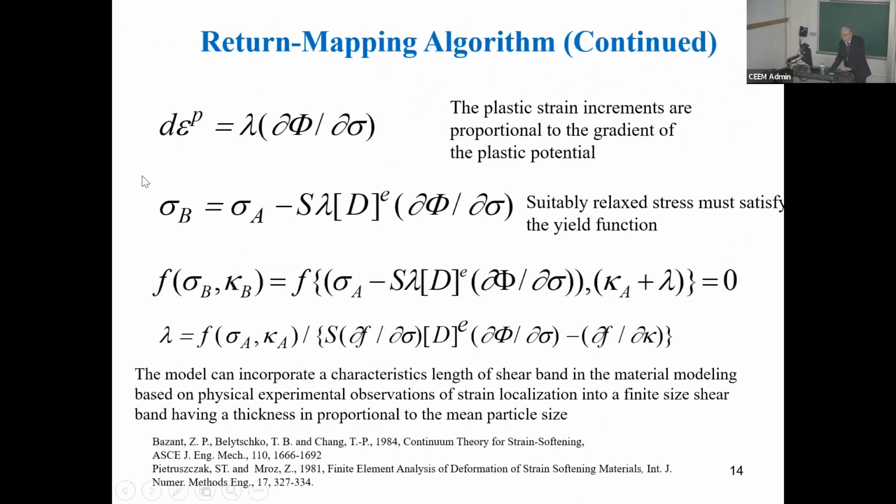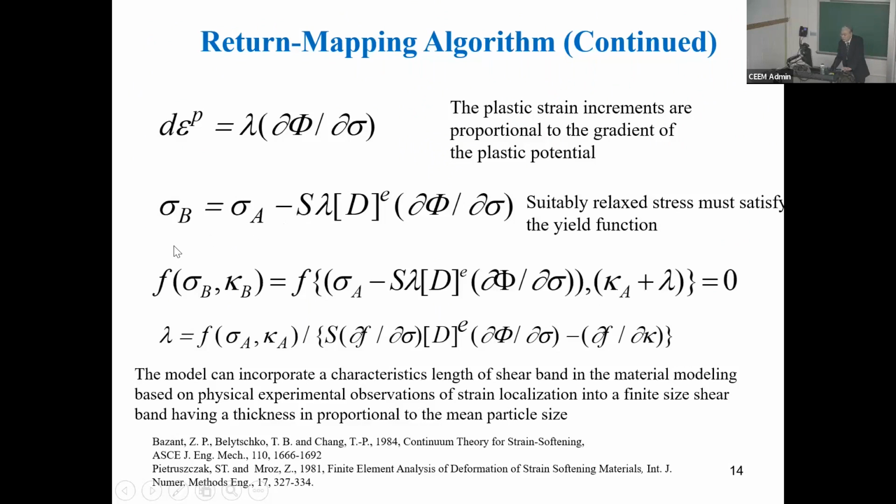Plastic strain increment, d epsilon P, equals lambda times the derivative of psi, where psi is the plastic potential. Lambda is an unknown function. And the suitably relaxed stress sigma B is given by this equation, including area ratios.